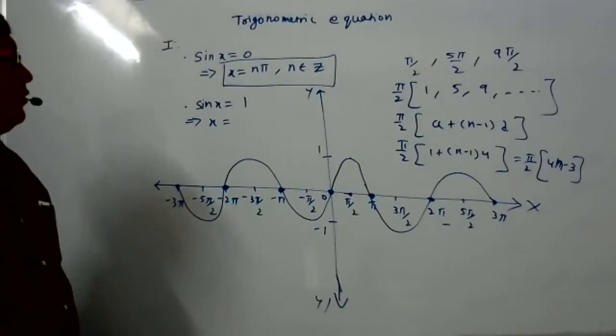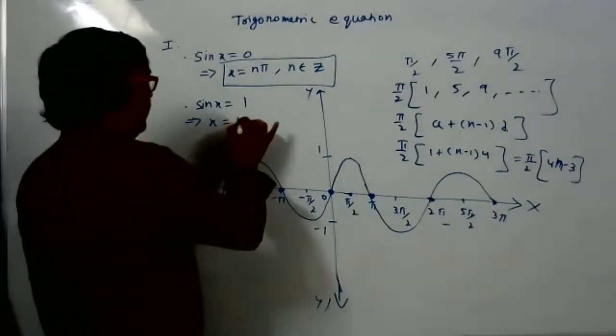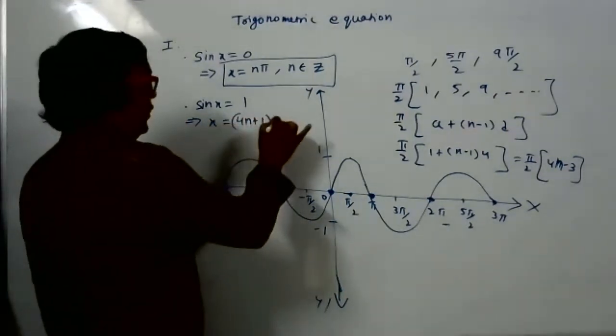Why is it not coming? 4n plus 1 pi by 2. Sir, in this case, n is a natural number, or a number where n is not equal to 0. 4n plus 1, we should get it this way, 4n plus 1 pi by 2. But that is correct also now.